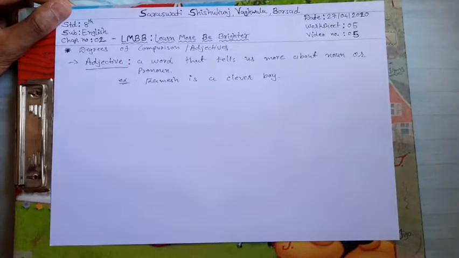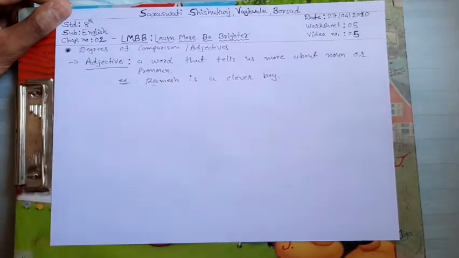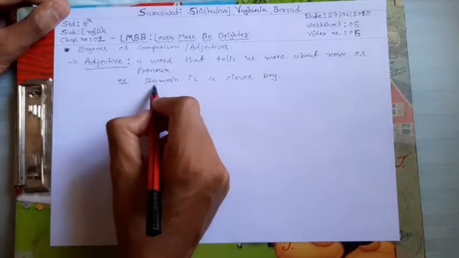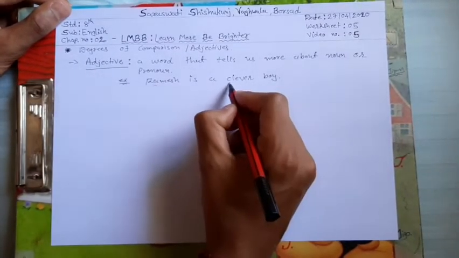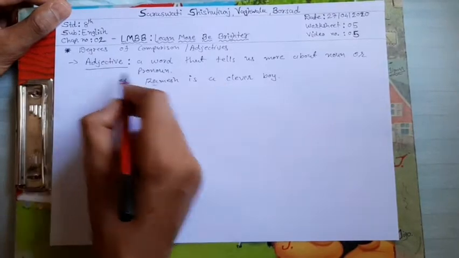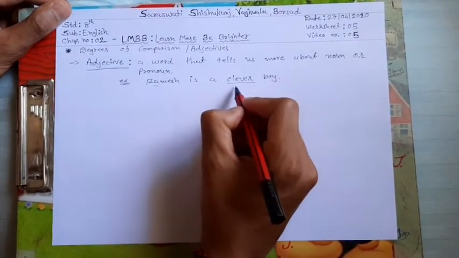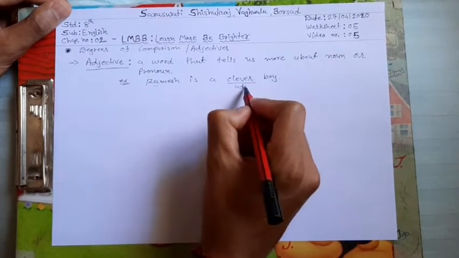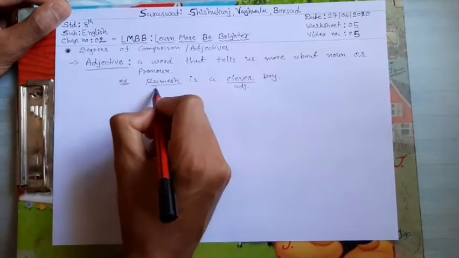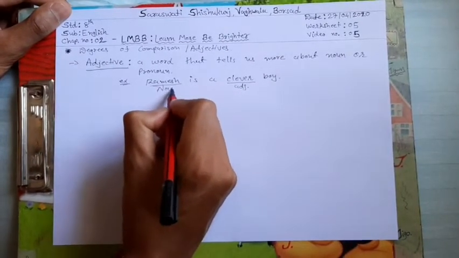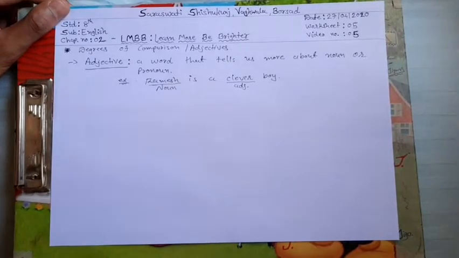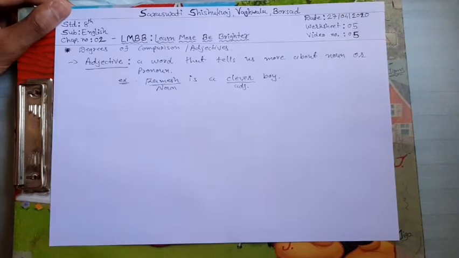But if we add something about the noun Ramesh, it becomes a sentence with an adjective. So here clever is an adjective, and Ramesh is a noun. A word that tells us more about a noun or pronoun is an adjective.